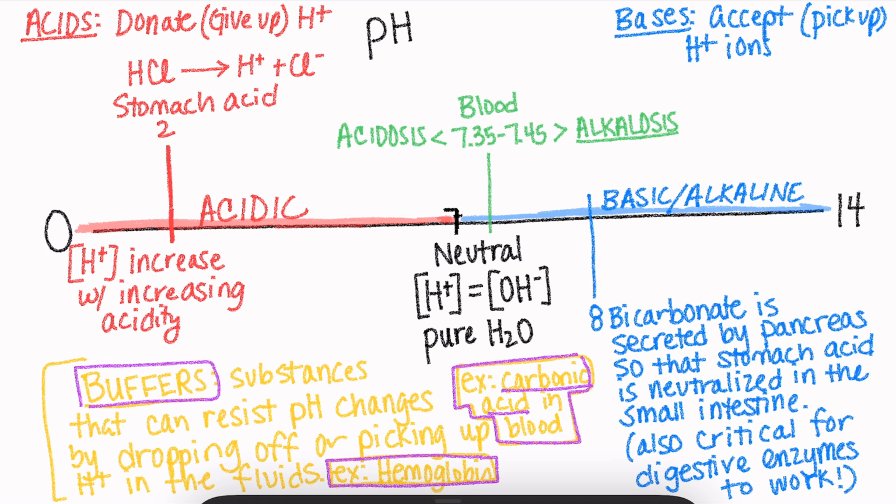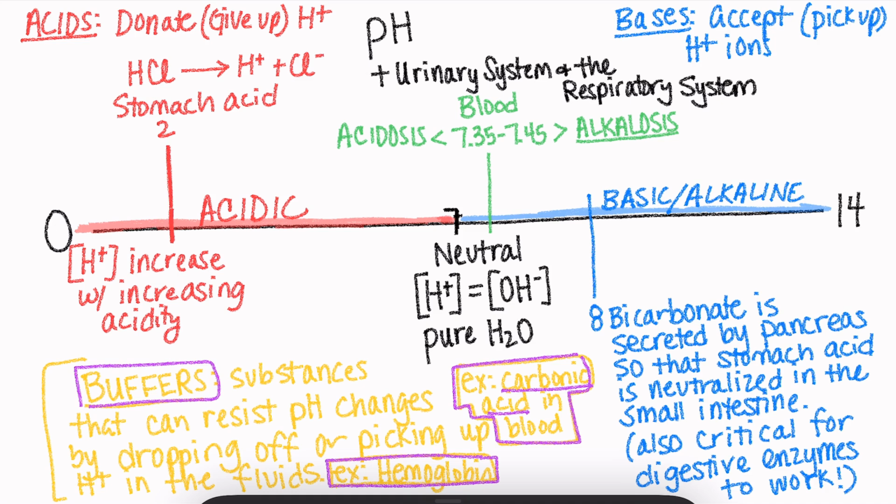So, not only do we have substances in our blood and bodily fluids that act like buffers to resist changes, but we have two body systems that are very focused on balancing our pH. Those include the urinary system and the respiratory system. These both work hard to balance our pH.